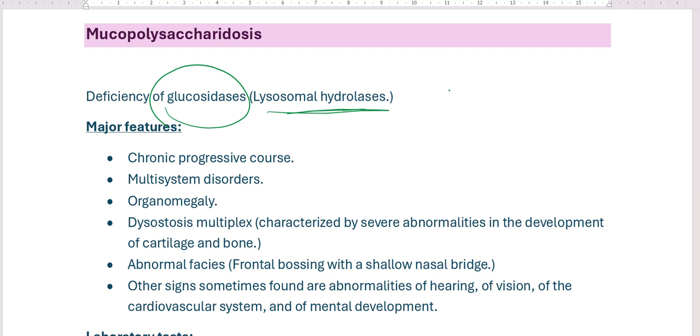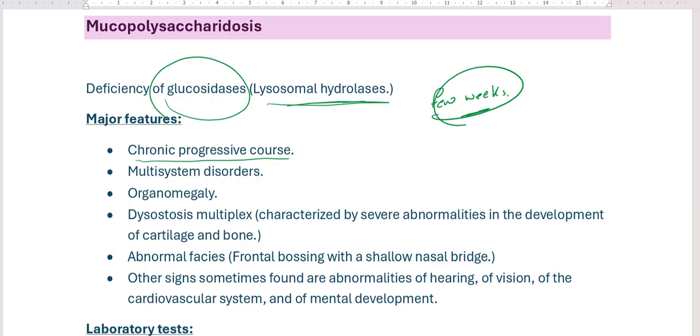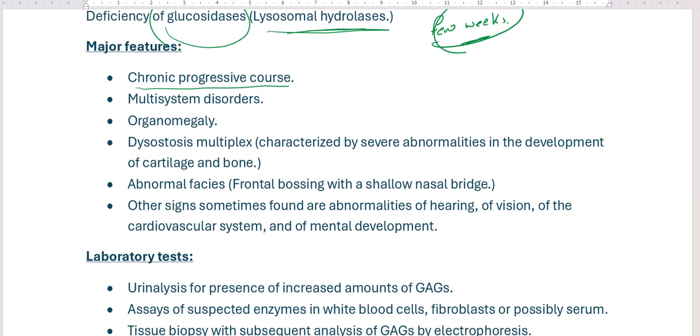Proteoglycans have a half-life of a few weeks, so it's not something that's regenerated every day or every other day. That's why mucopolysaccharidoses are of chronic progressive course. It happens over a long period of time, and it's a multi-system disorder.